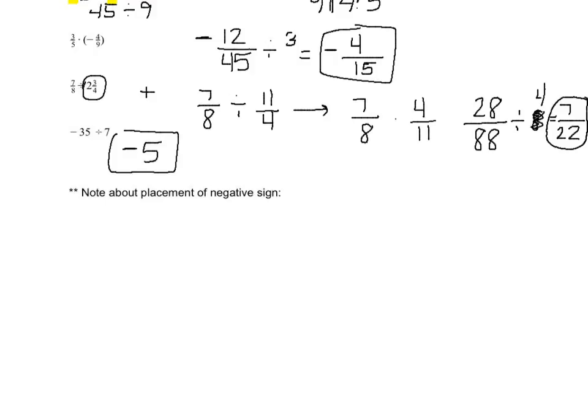All right, one comment I want to make about the placement of the negative sign. And this is more directly tied with fractions, but it is not uncommon for a negative sign, let's start with an integer first of all, to potentially be placed in parentheses, just so that you can tell that it's a negative sign. With a fraction, your negative sign can be with the numerator. Your negative sign could be in the denominator, or your negative sign could be in line with that fraction bar.